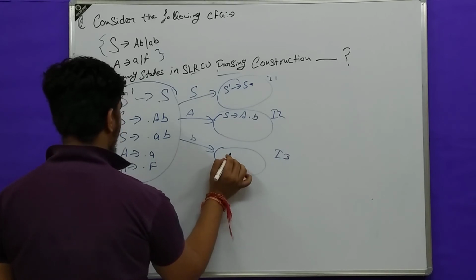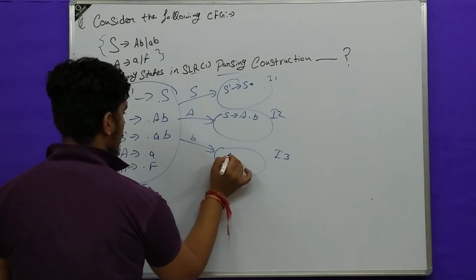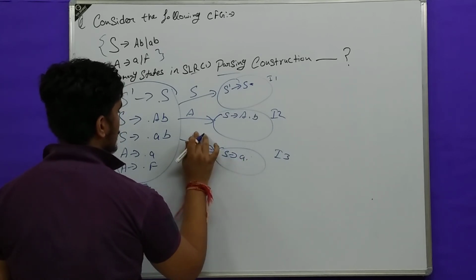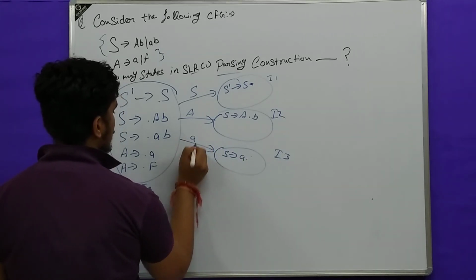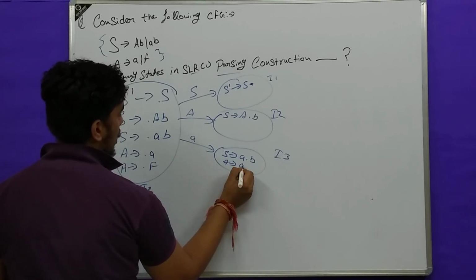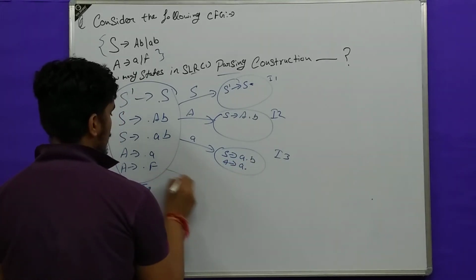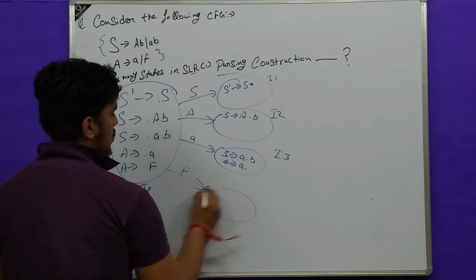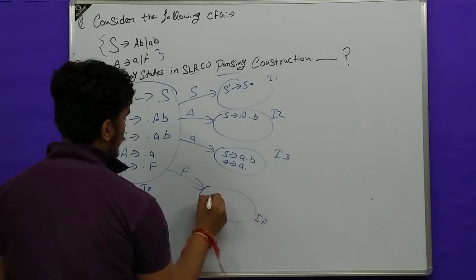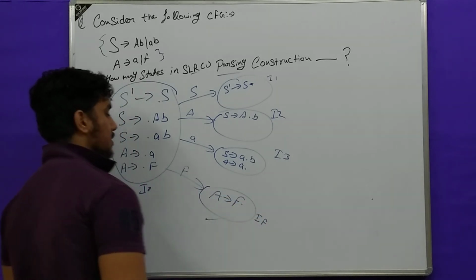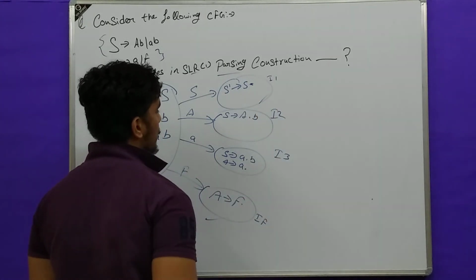There is a transition from I0 to I3 for A, S goes to A dot A B, and A goes to A dot. And there is a transition from I0 to I4 for F, A goes to F dot. It is a reduce state, so it completes.